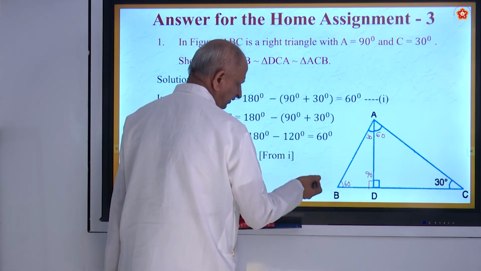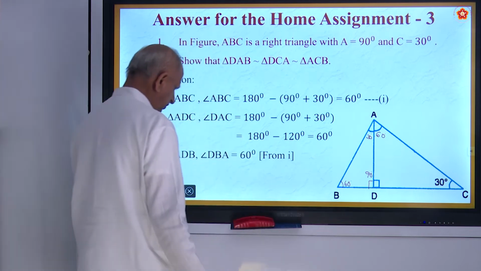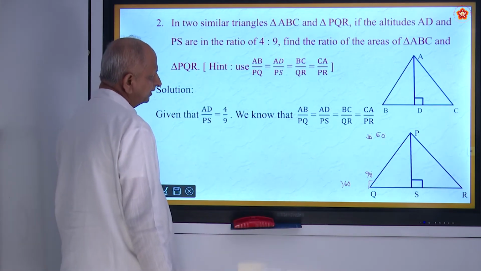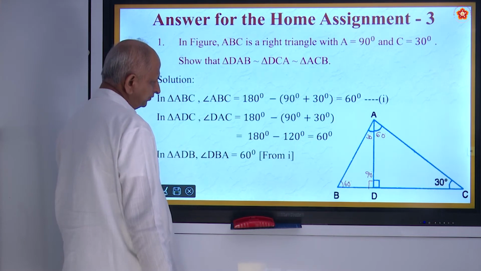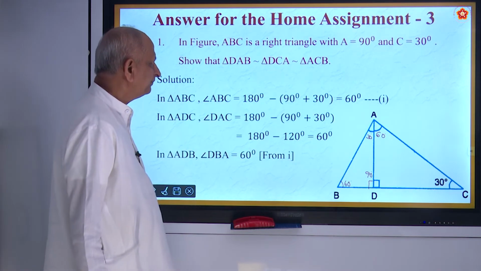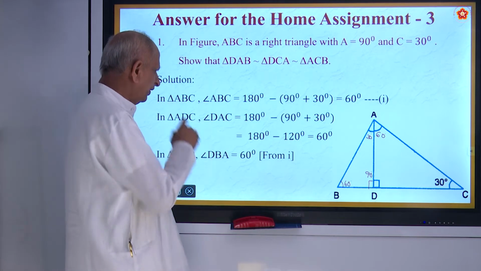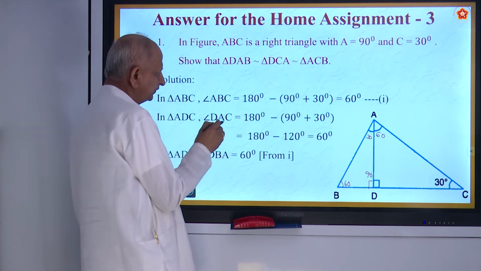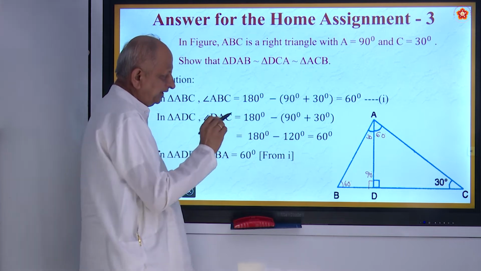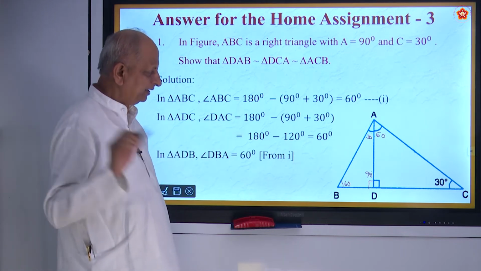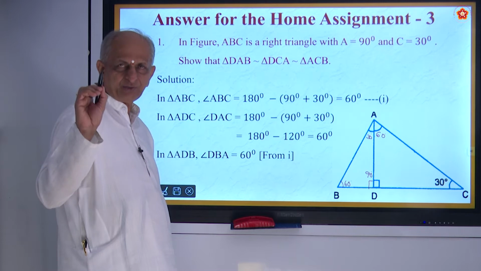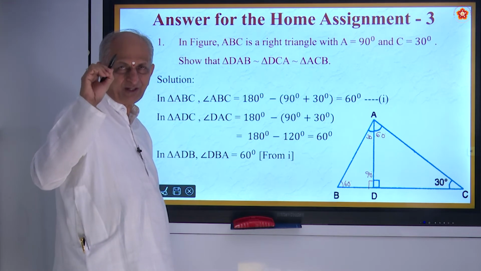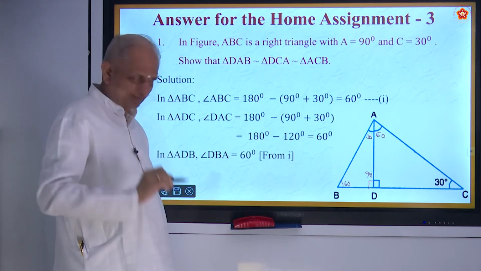Already got 60 degrees, is it not? And the remaining angle is 30 degrees. So using this result, what do you find now? We found that the three angles of one triangle are equal to the corresponding angles of the second, and equal to the corresponding angles of the third.